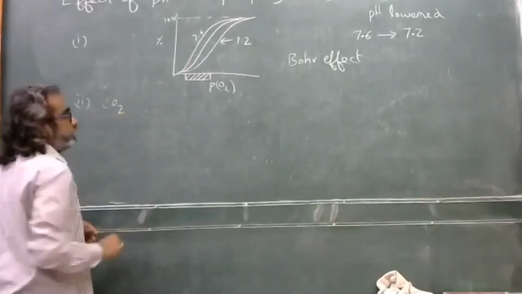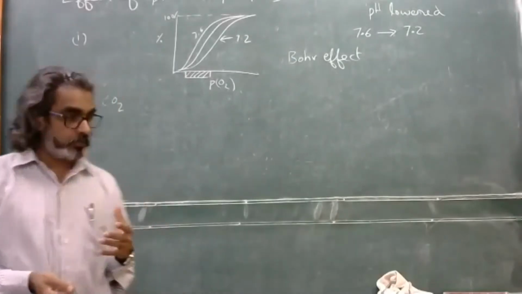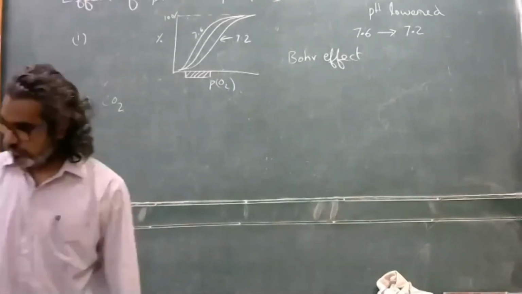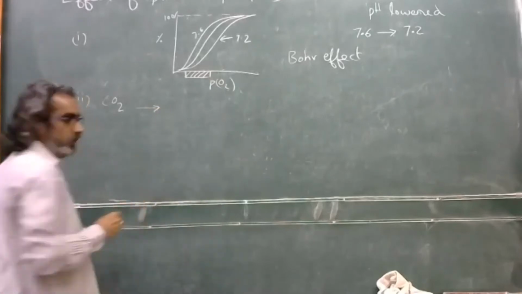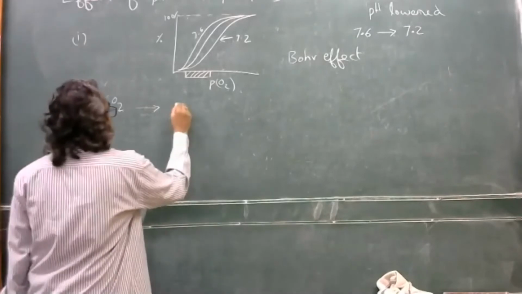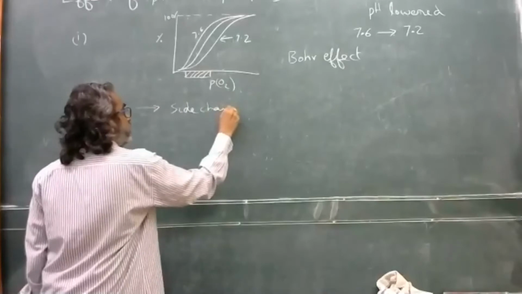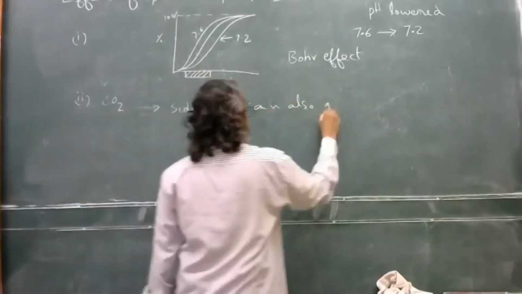Carbon dioxide binds at the same binding site, or sometimes carbon monoxide and carbon dioxide do this, but carbon dioxide has an additional effect. It can actually affect side chains as well. Some side chains can also get modified.